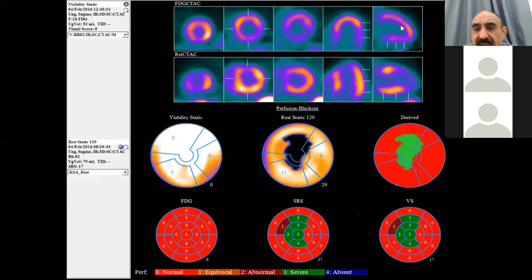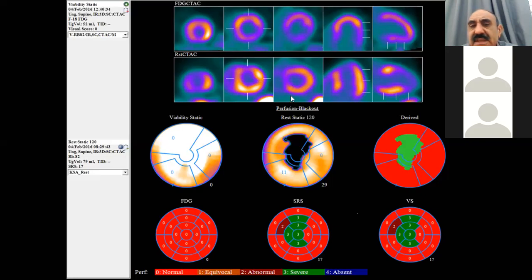There is actually hyperactive uptake of glucose in the distal anterior wall, and this indicates more ischemia, because the myocardial cells, which are dependent on glucose for their energy substrate, are very hungry for glucose when they are even ischemic. And this area here is the papillary muscle, you can see it.